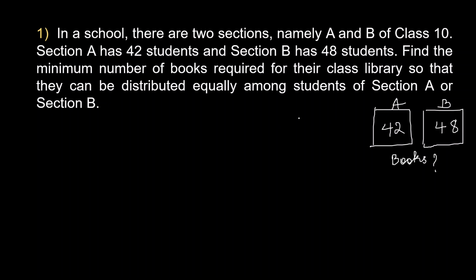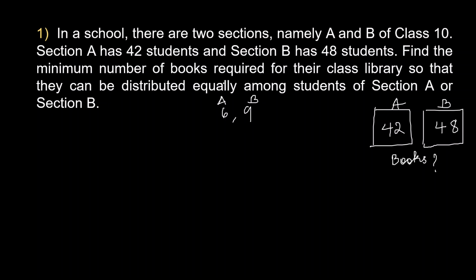So in order to understand this question, I'll take a simpler example, that is 6 and 9. Suppose this is section A class and this is section B class. In section A there are 6 students and in section B there are 9 students.